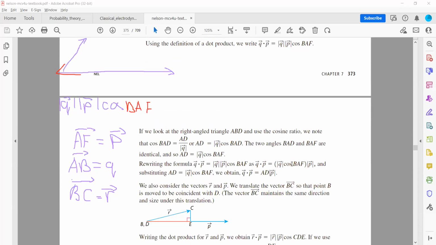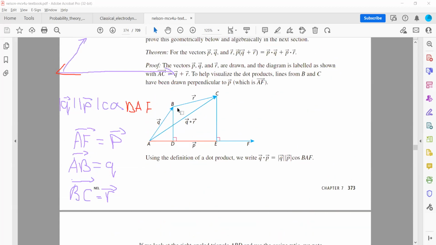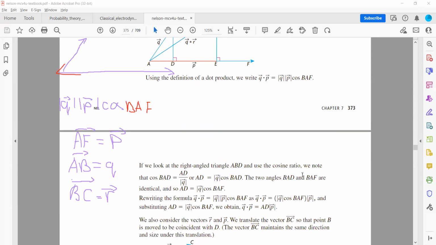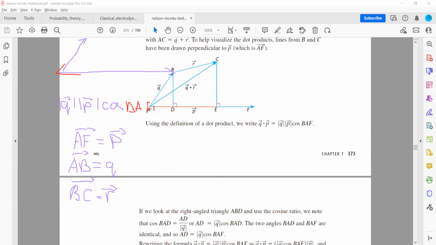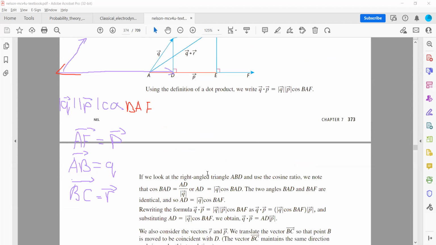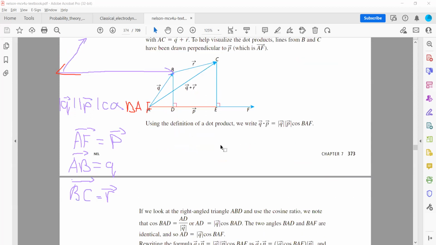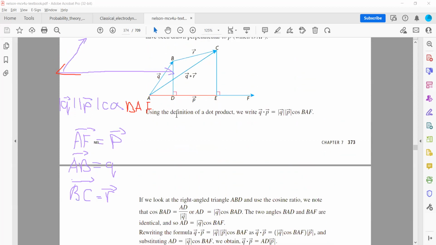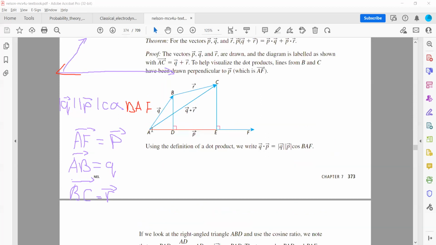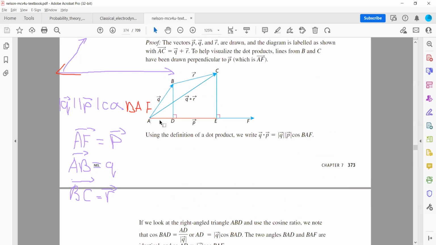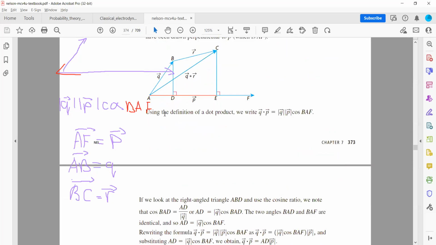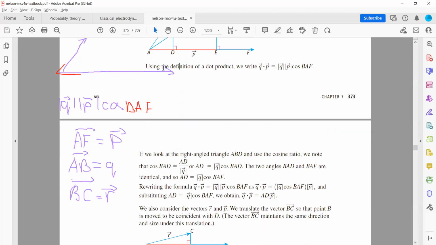If you look at this right angle triangle ABD, and use the cosine ratio, we know that cosine BAD equals adjacent divided by the hypotenuse, so AD divided by Q, which is our hypotenuse in this case.